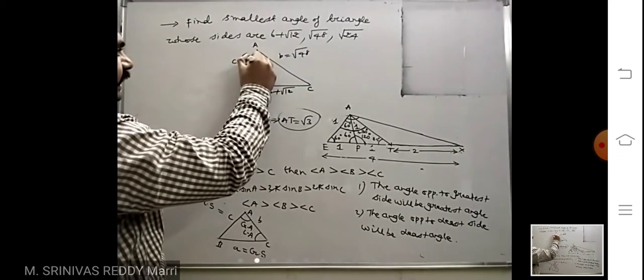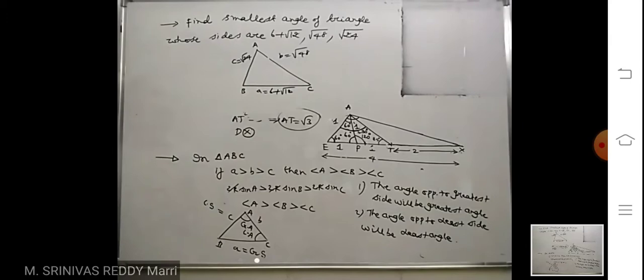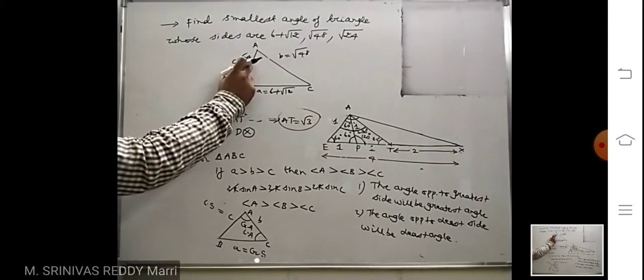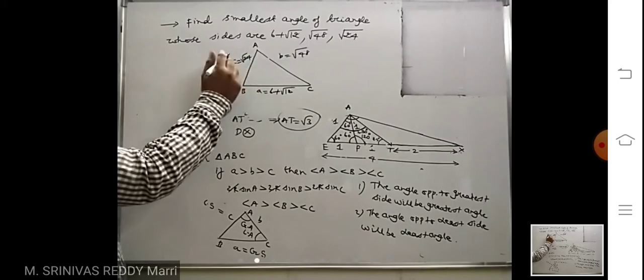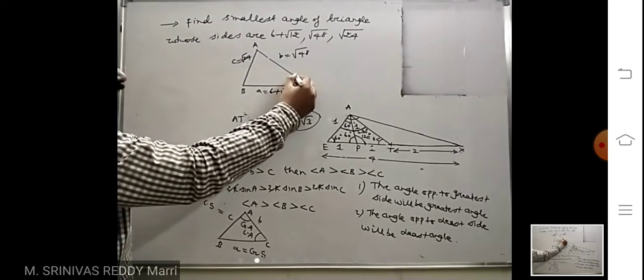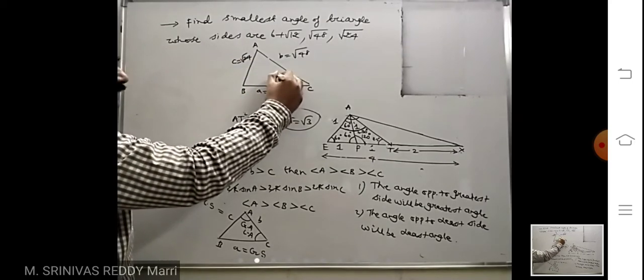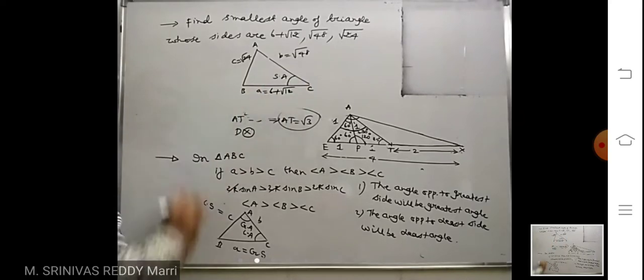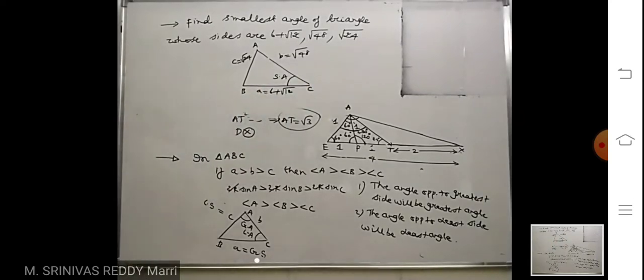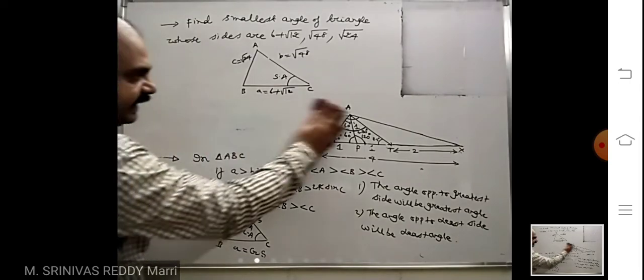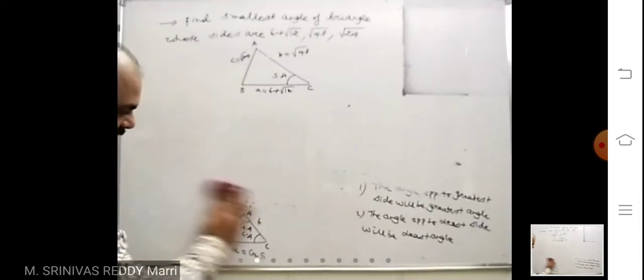You take the triangle as ABC and three sides are given. Out of this, what is the smallest side? Clearly, root 24 is the smallest side. That means the smallest angle will be the angle opposite to it, so you have to calculate angle C, because C is the smallest side.